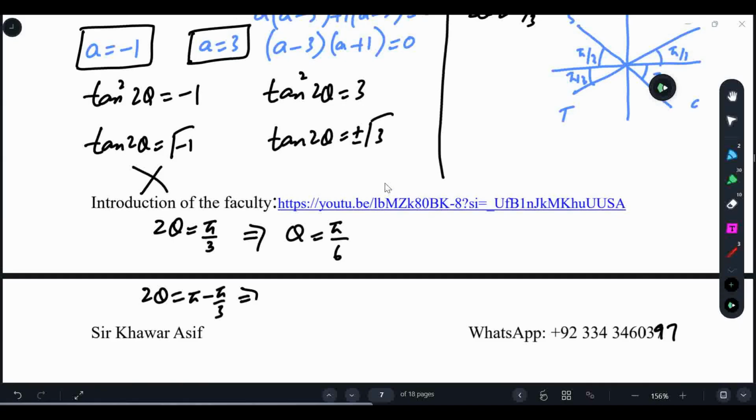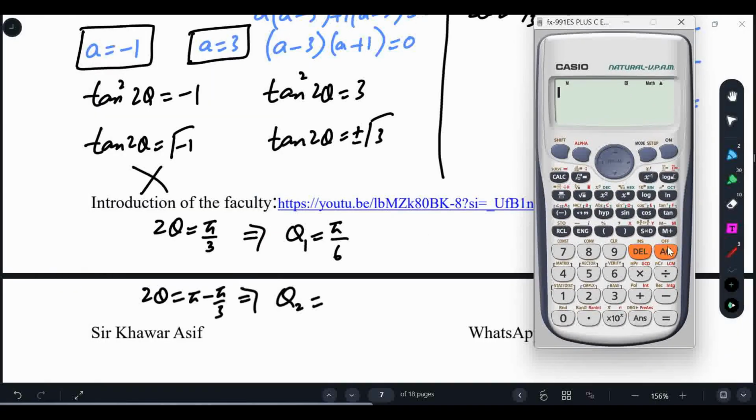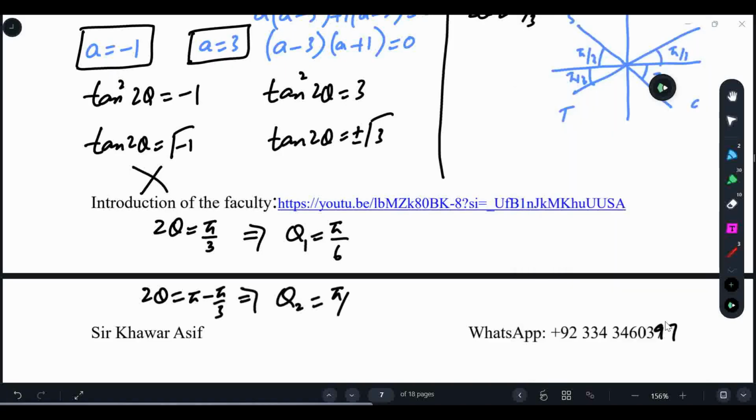Using the calculator, shift pi minus pi by 3, divided by 2. So this will be pi by 3. The second answer will be pi by 3.